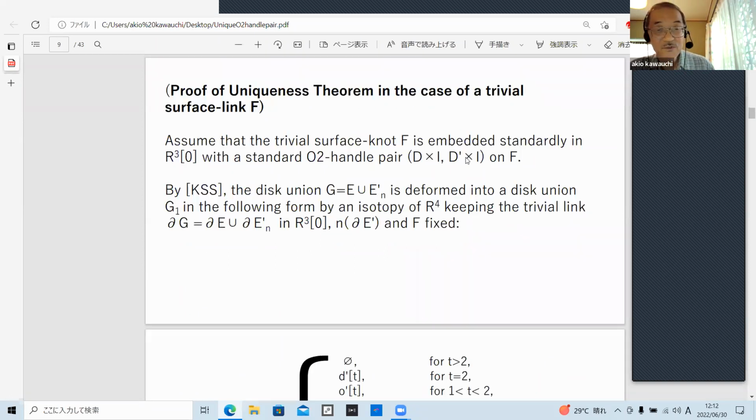Assume now the first case, the first proof: the surface F is trivial.